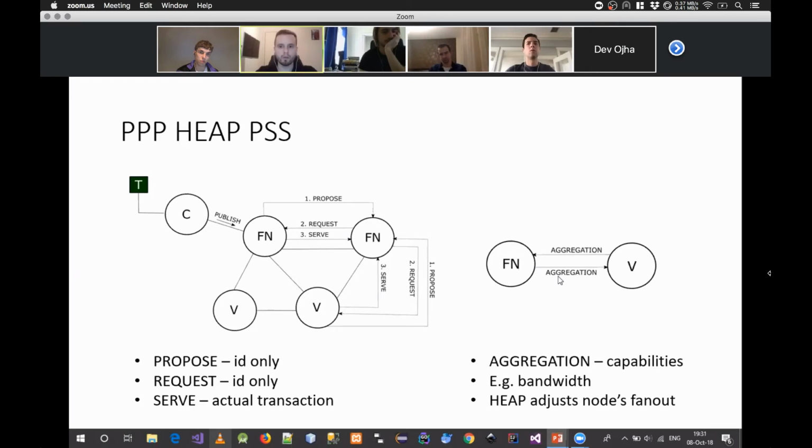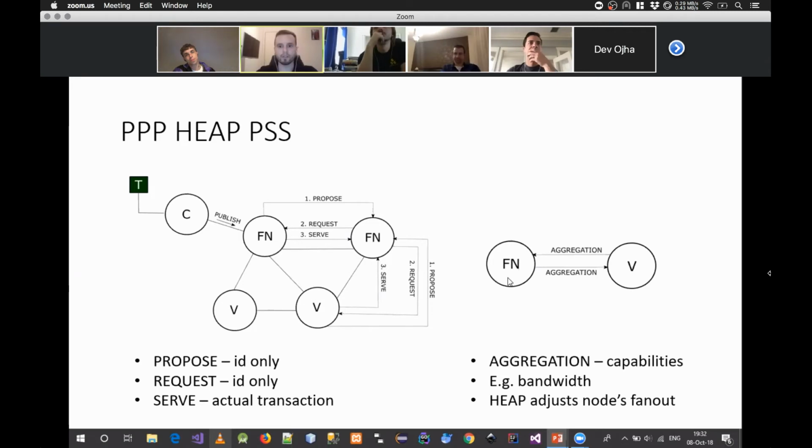The HEAP protocol is based on periodically exchanging aggregation messages, where aggregation messages contain information about capabilities of other nodes. Capability could be, for example, the bandwidth of a node. So let us assume that it is bandwidth and that servers in the network periodically exchange information about each other's bandwidth. This leads to all the servers in the network learning, throughout time, about capabilities of other nodes in the network.